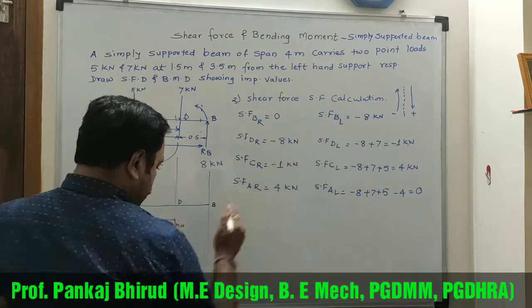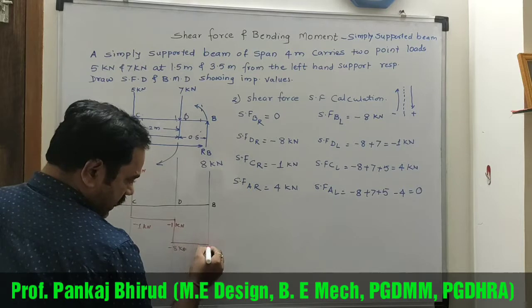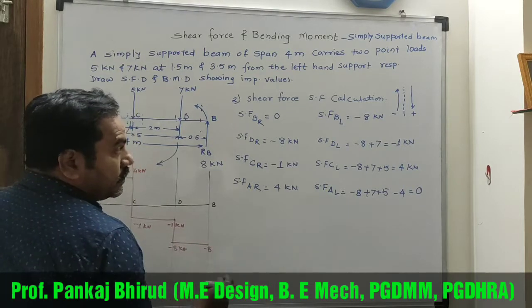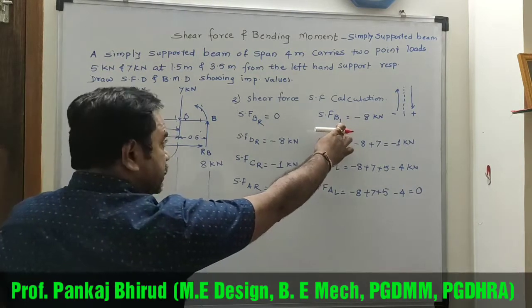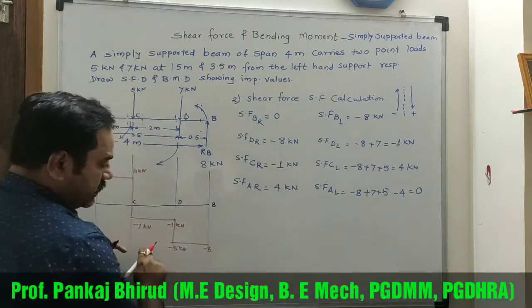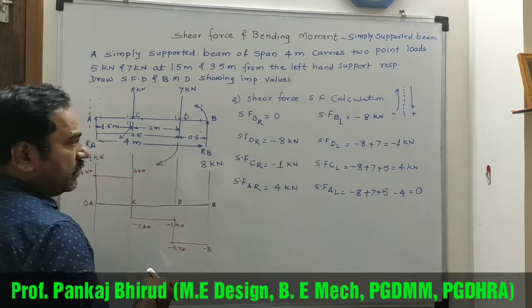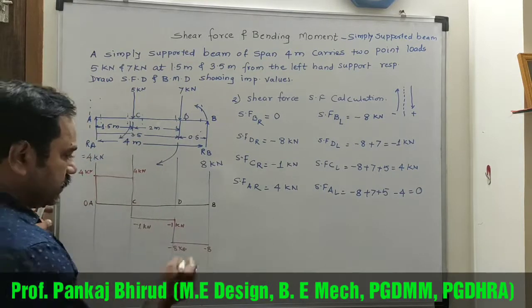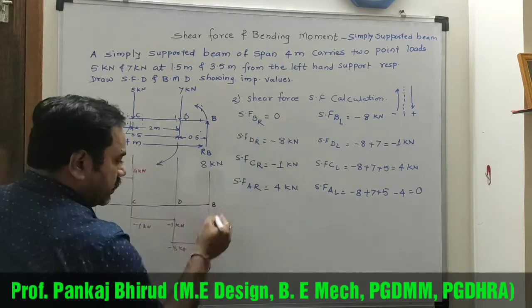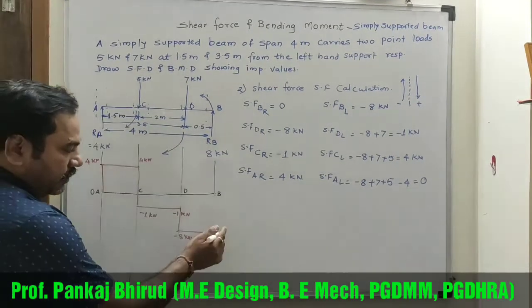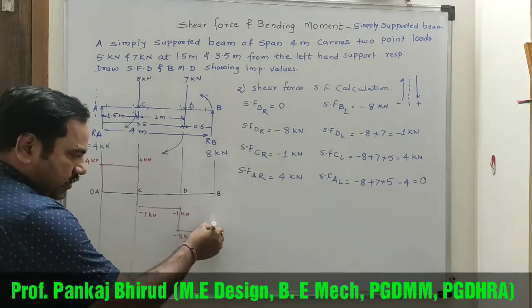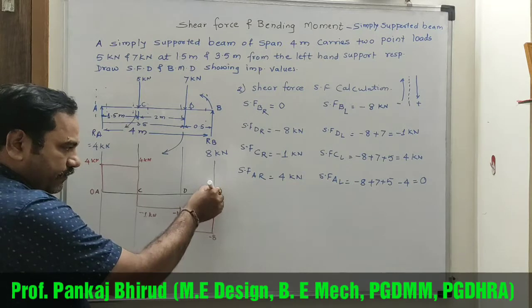At B point also it is -8. So for the left side shear force, we draw a horizontal line, and for the right, we move in an upward or downward direction. So right is 0. Now draw this vertical line up to B point.